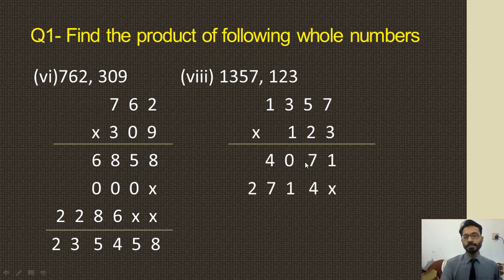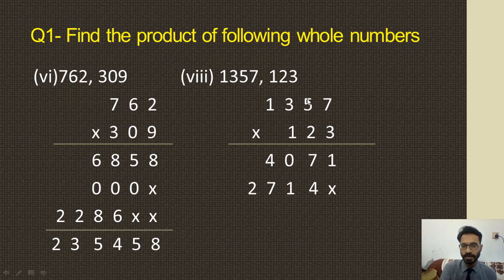Now we will multiply 2 with 7, 5, 3 and 1. Before multiplication, first we put this cross sign under 1. After that we multiply 2. 2 multiplied by 7. 2 7s are 14. In 14 we know that 4 is at unit place. So the unit place number, that is 4, will be written under 7 and we will carry 1 to the next number. 2 5s are 10. 10 plus 1 carry.